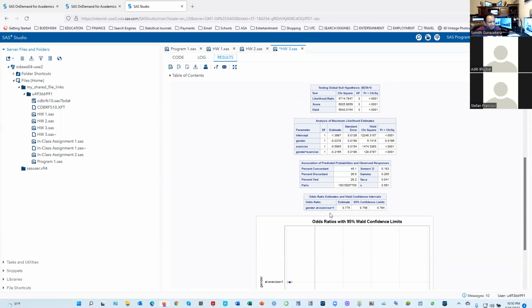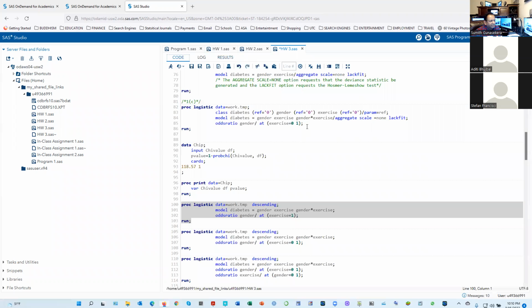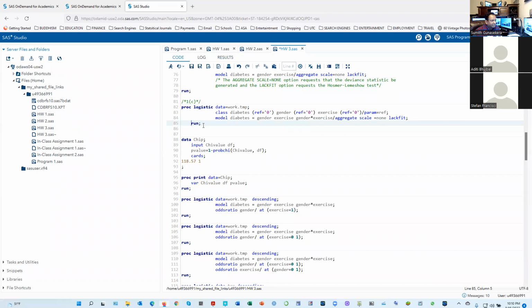See the odds ratio, gender at exercise 1. They were doing exercise, but the male to female, the female exerciser to male exerciser. That's the same thing we have over there, because you have to put it the other way around. I'm using descending.